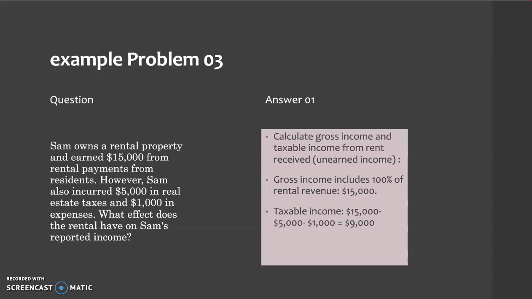So gross income includes all of the rental revenue, so his gross income would be reported as $15,000. His taxable income would be the gross income from rental revenue minus his real estate taxes and then minus his expenses, which gives you $9,000.